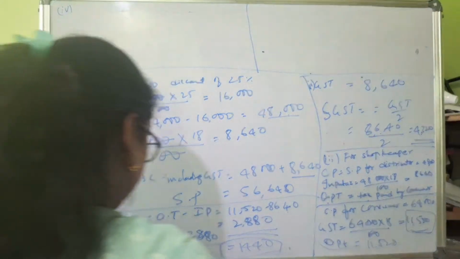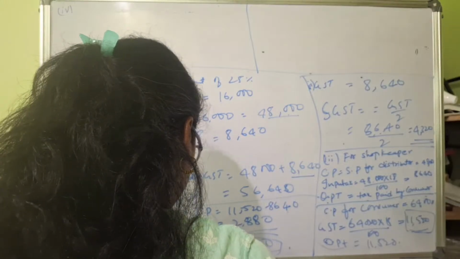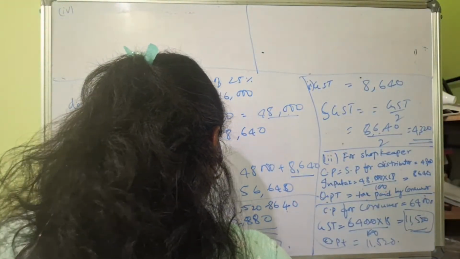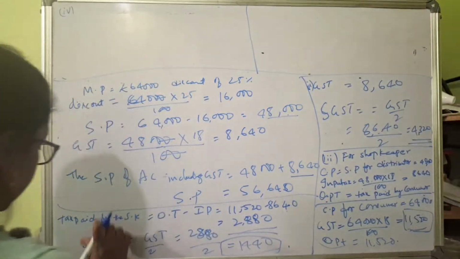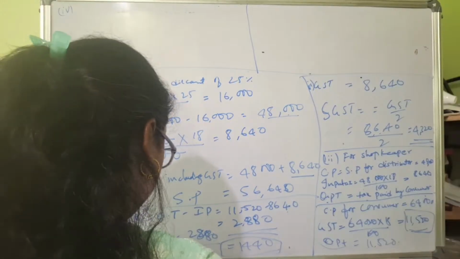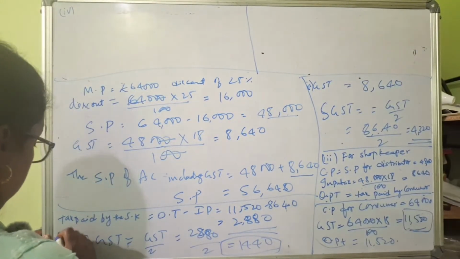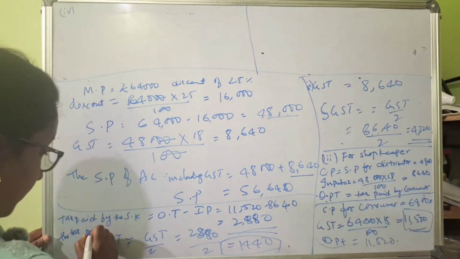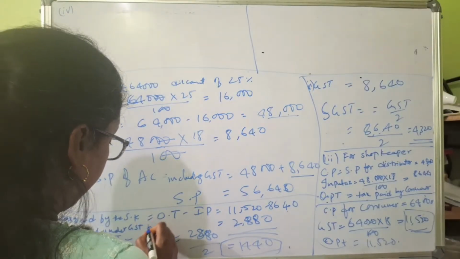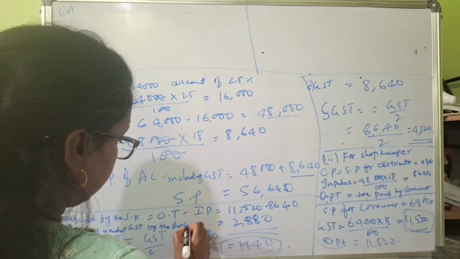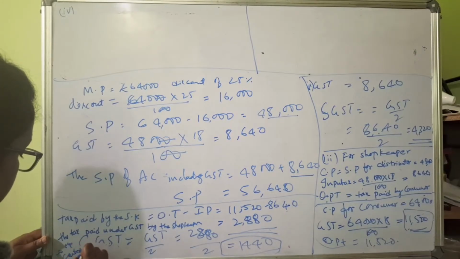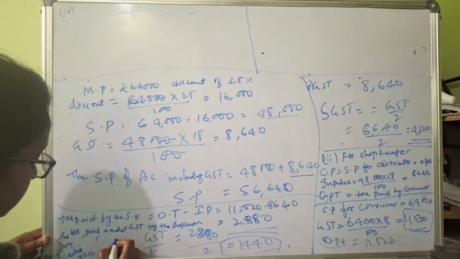Sorry, the 3rd question is the tax paid under GST by the shopkeeper to the central government. That is, this is CGST.